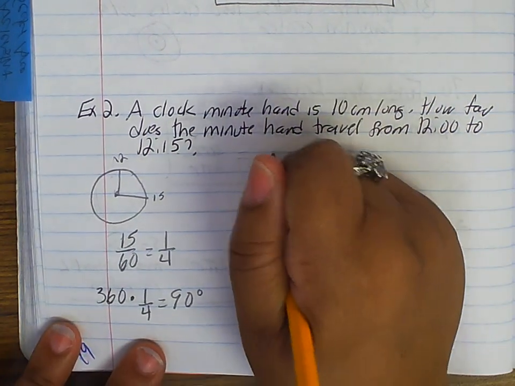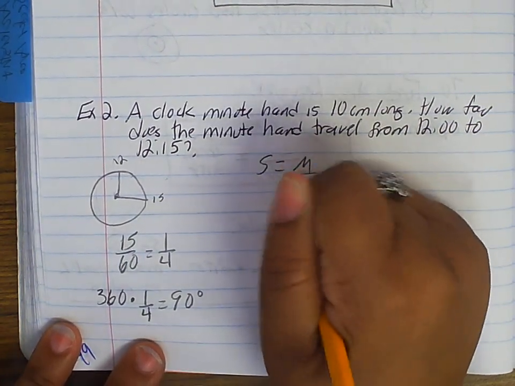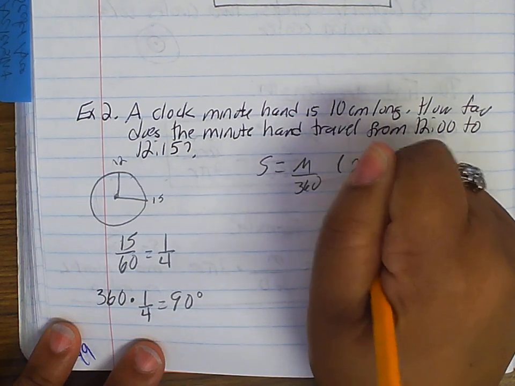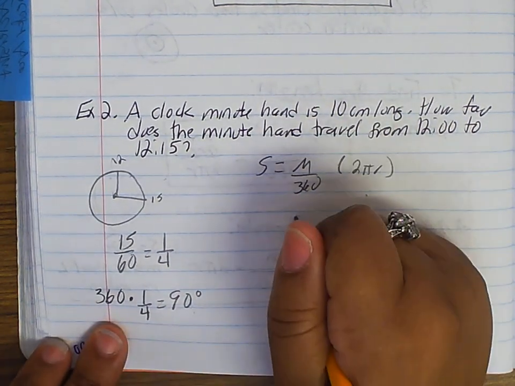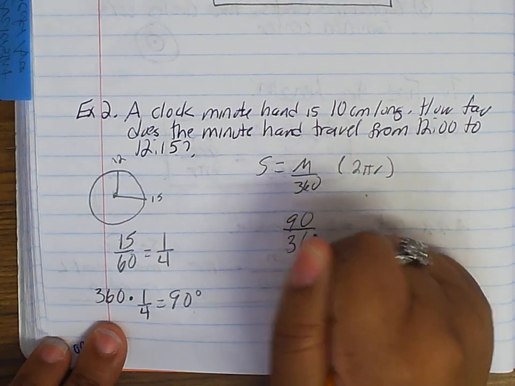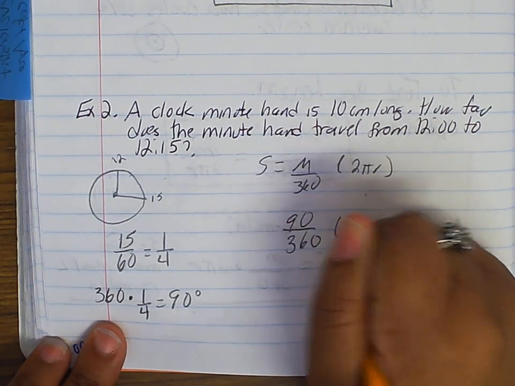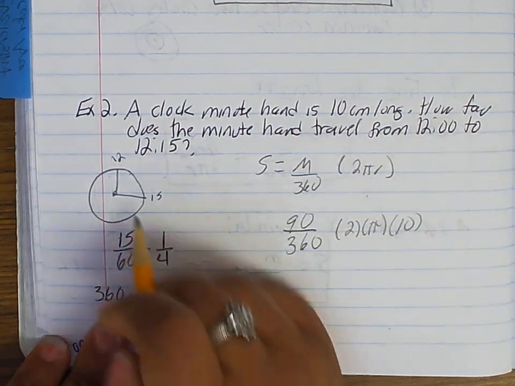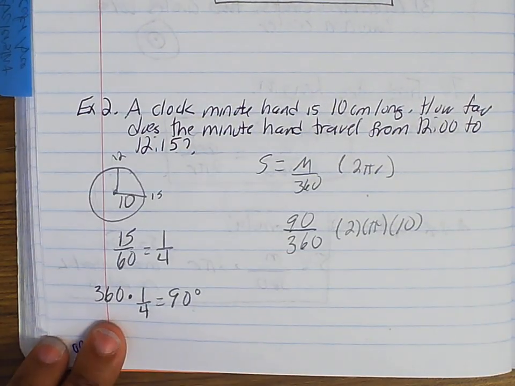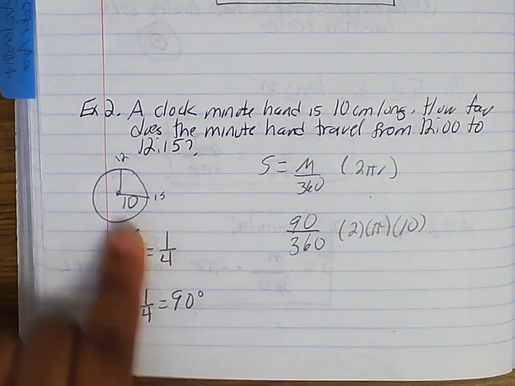Now we just take the formula again. The central angle, which is 90, over 360 times 2 times pi times 10. I forgot to put the 10 in the drawing. 10's right there, so 10 is our radius.